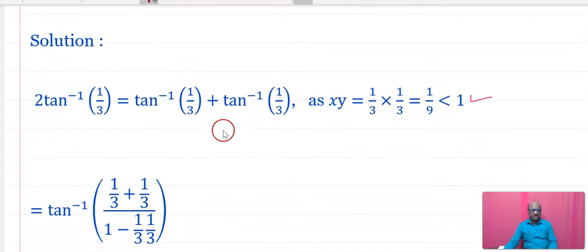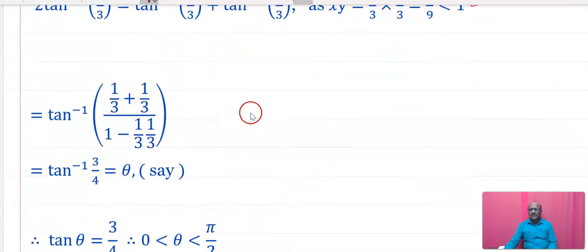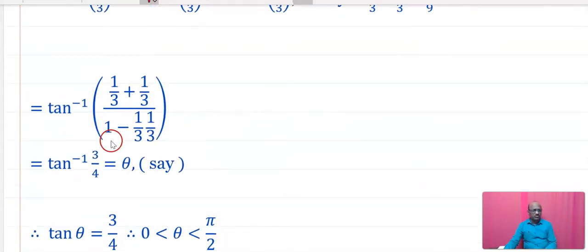Now here we will apply the formula for tan inverse of x plus tan inverse of y, that is tan inverse of x plus y upon 1 minus x into y. So tan inverse of 1 by 3 plus 1 by 3 upon 1 minus 1 by 3 into 1 by 3, and if we simplify this, you will get tan inverse of 3 by 4, and that's equal to theta.